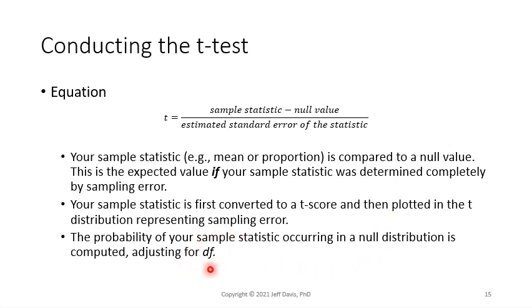We'll talk about how it adjusts for degrees of freedom, but very quickly, just remember that the more degrees of freedom, the better your test is, and the fewer degrees of freedom, the harder the test is to pass, because it penalizes you for using a bunch of information to make the prediction.